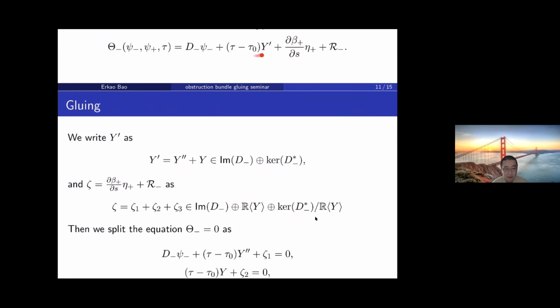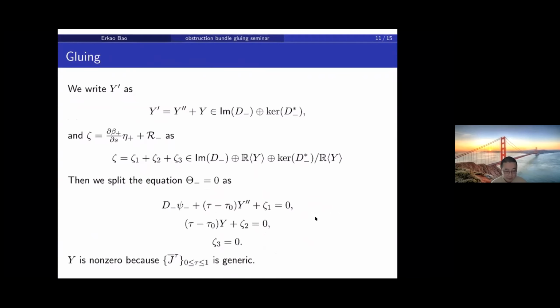We also decompose this term into 3 pieces. One piece, as usual, is in the image. Another piece is in the span of the y here, and the rest of the term we denote by zeta 3. So instead of solving theta minus equals 0, we solve these 3 equations.